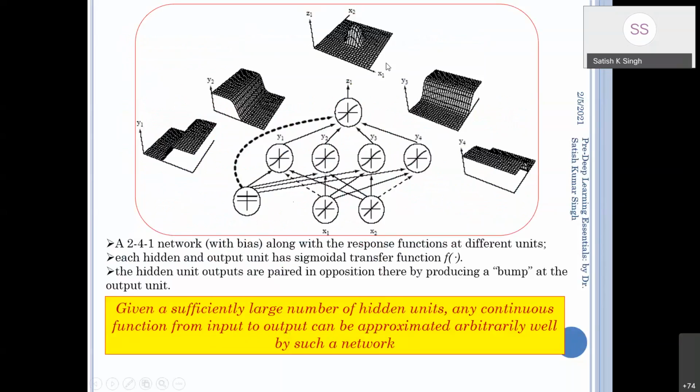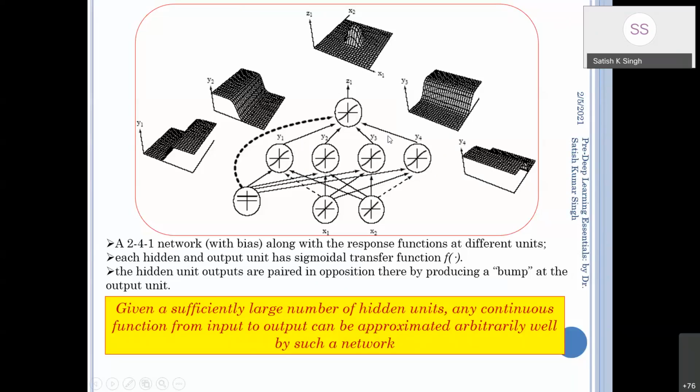So consider this case. Here the final decision boundary is quite complex. You can consider it a two-dimensional bell-shaped structure. So this is a quite complex decision boundary. How has it been generated? Here, rather than using 2 hidden units, as in the case of the XOR, we have used 4 hidden units, and the corresponding functions are generated. You add those functions appropriately, and the final output function can be generated.